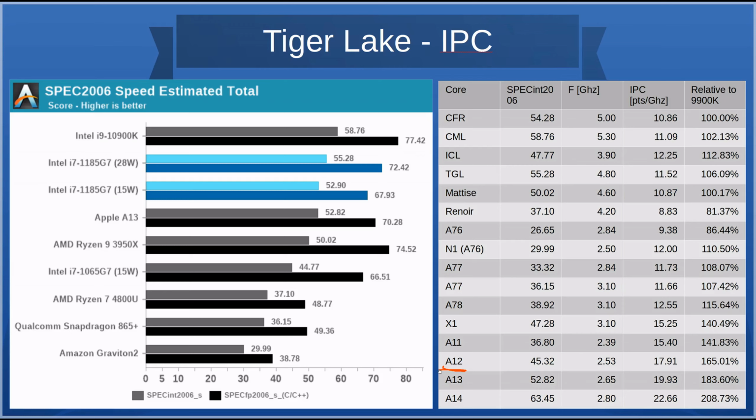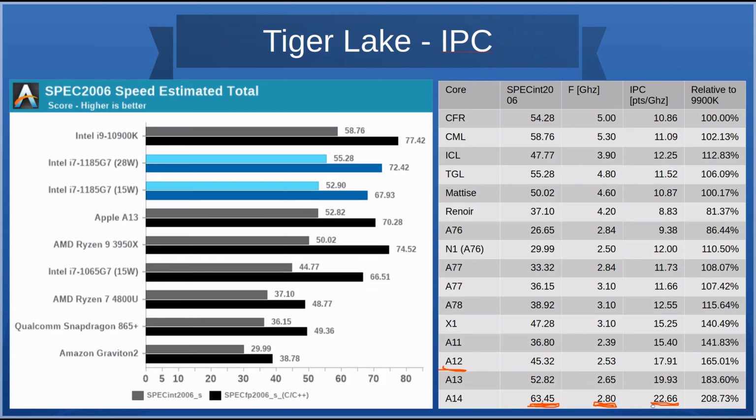I just added the score here, and it gives me this number, and this is the suggested frequency, which is really realistic in terms of the 5 nanometer TSMC process.